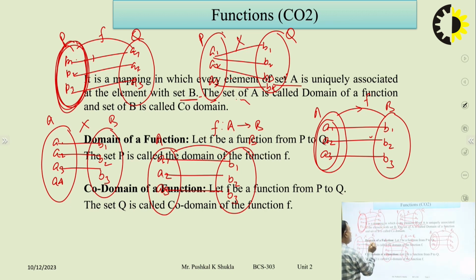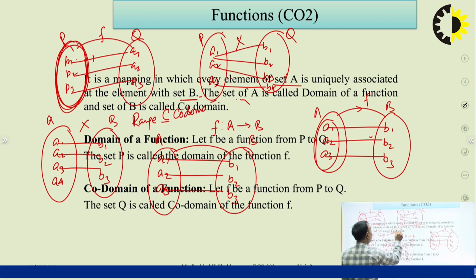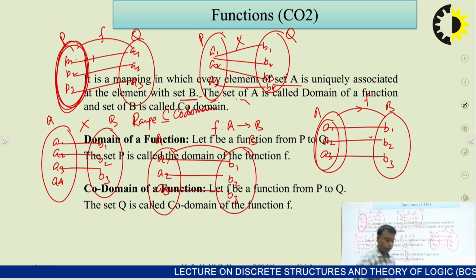So we can say the range is a subset of the codomain always, but here the range is equal to the codomain.